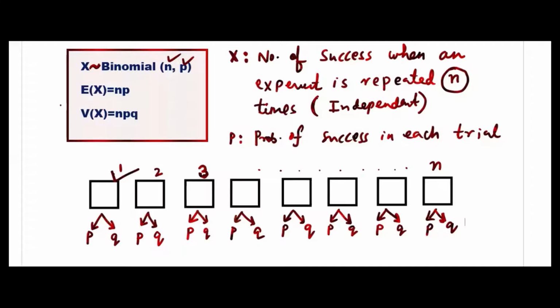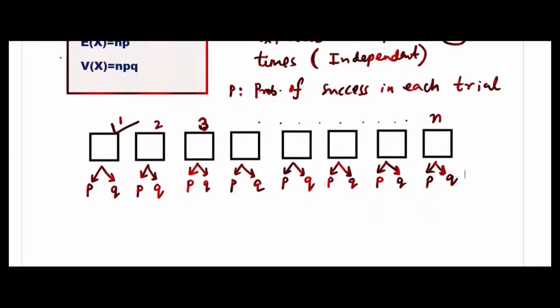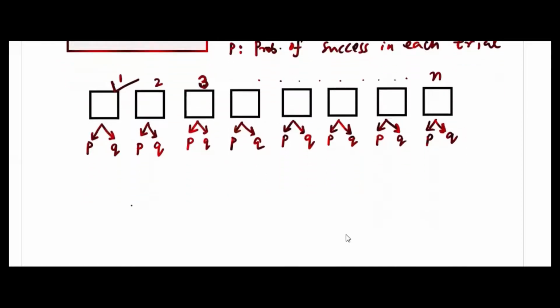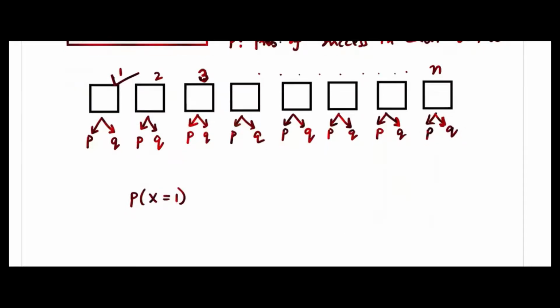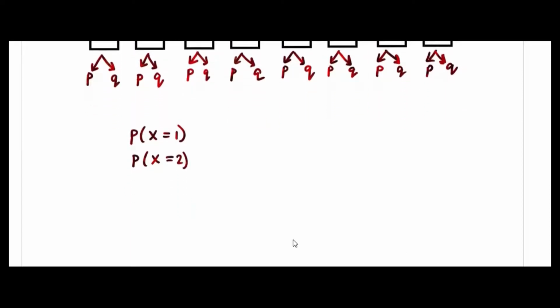Now if you want to know the probability of getting one success out of n, you have to write probability x is 1. If you want to find the probability that you will get 2 successes, you can write 2. If you want the probability of getting x, you can write x here.